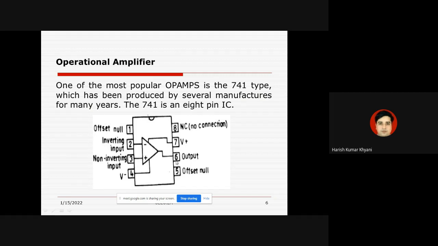Pin 6 is reserved for the output, and pins 4 and 7 are the supply for the operation of this IC. When you apply the input at the inverting terminal, the output will have a negative sign, and if you apply the input at the non-inverting terminal, the output will appear with the same sign. This is some fundamentals so that you can recall it.